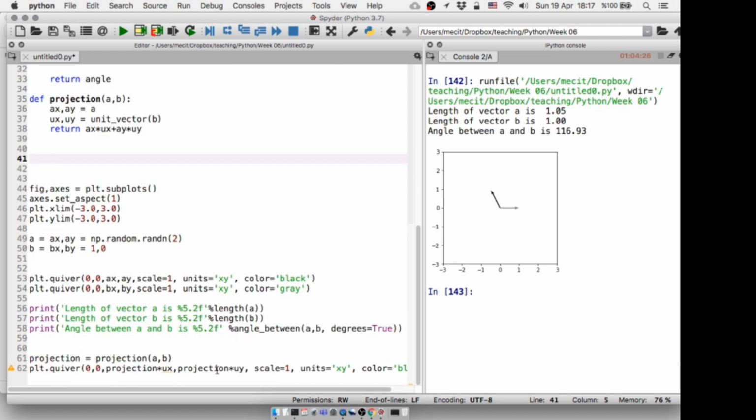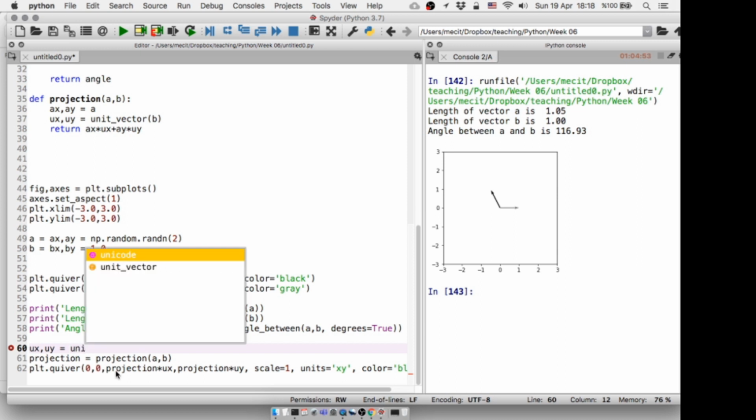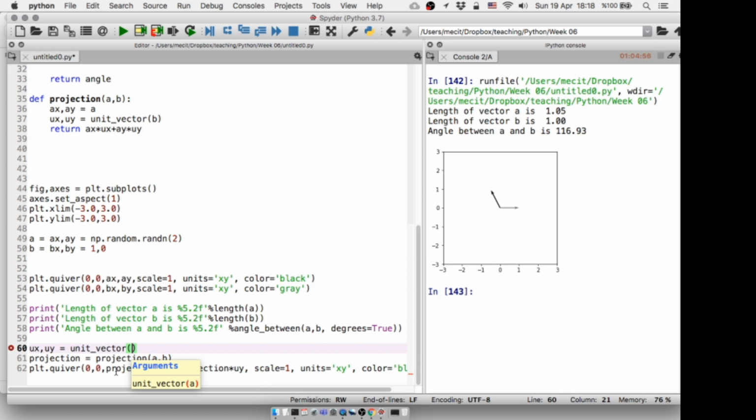Okay, I see ux and uy are not defined here, so that is my B vector. I must get ux and uy from my B vector. This is not inside the function, so I must get them explicitly. So unit vector from B. Okay, now that warning is off. Now let me run this.